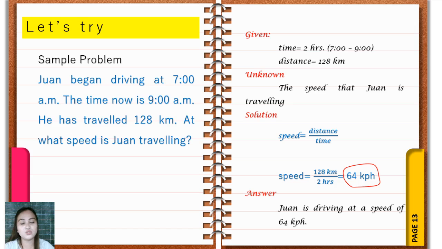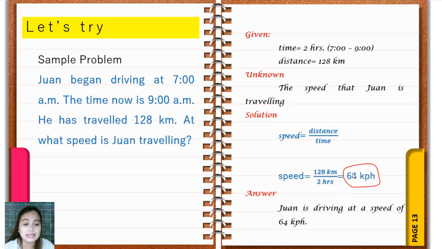So let's have the solution. Okay, we will use the formula. Speed is equal to distance over time. Okay, speed is equal to, what is the given distance? 128 kilometers divided by 2 hours is equal to, divide 128 by 2.